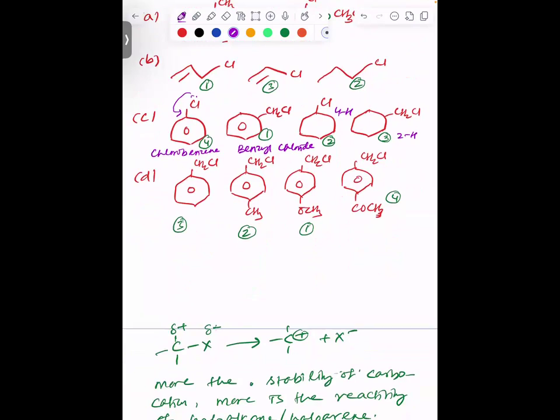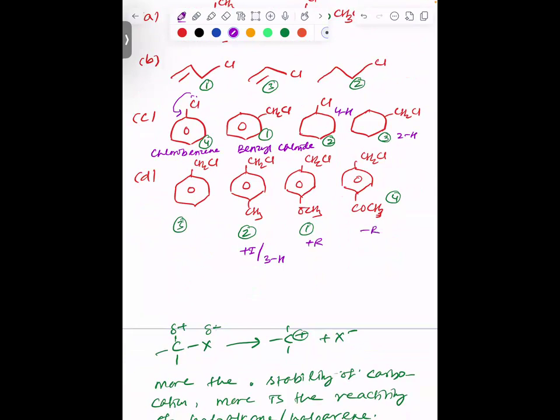Okay, now if you see the last question, the most is benzyl chloride. The difference will be due to the presence of the substituent, which is present at the para position. So what is the nature of CS3? That is plus I, or it contains three hyperconjugative hydrogens. OCS3 is plus R. COCS3 is minus R. Now you can compare your answer.